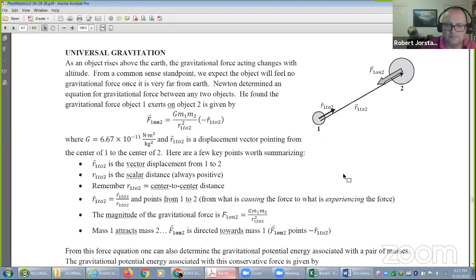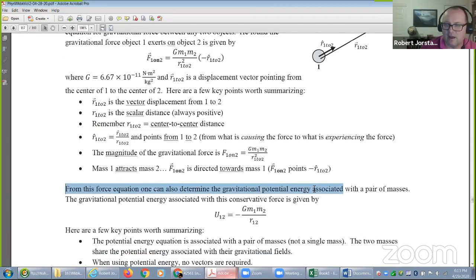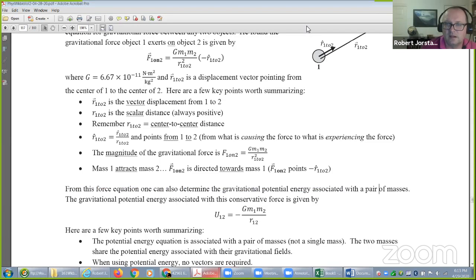If I want, I could use the equations on the equation sheet. We can get gravitational potential energy. If you recall, let's see where that is here. It's something like this. Delta U equals minus the integral of force dot ds.